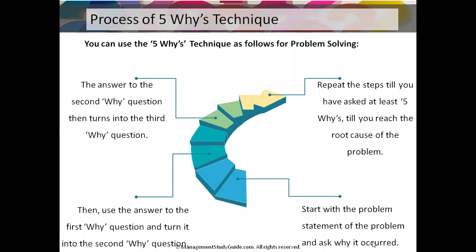Then use the answer to the first why question and turn it into the second why question. The answer to the second why question then turns into the third why question. Then you repeat till you have asked at least 5 whys, till you reach the root cause of the problem.